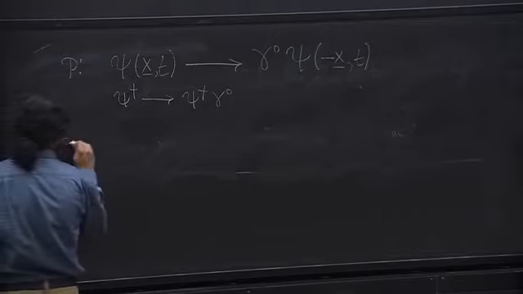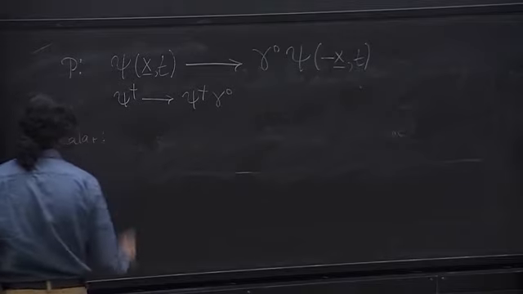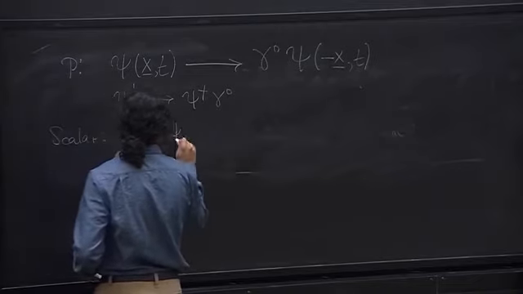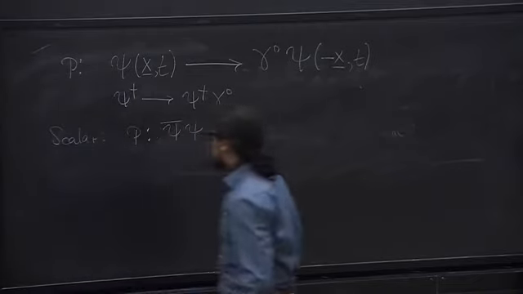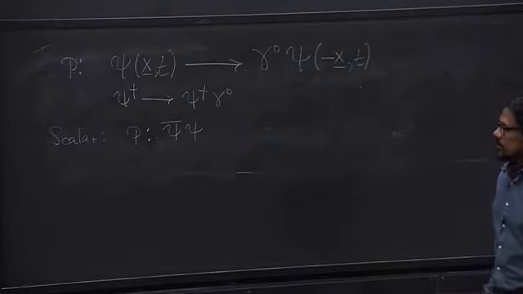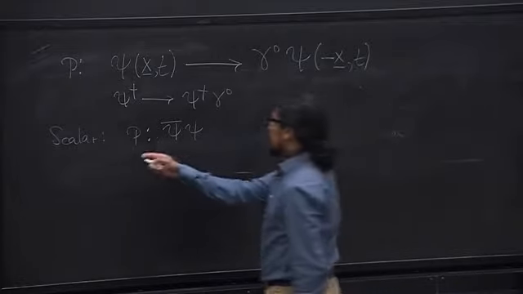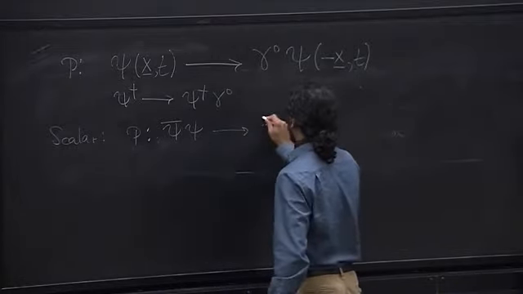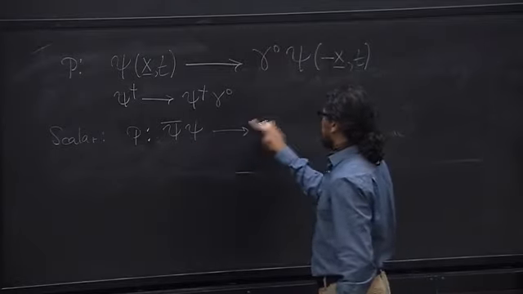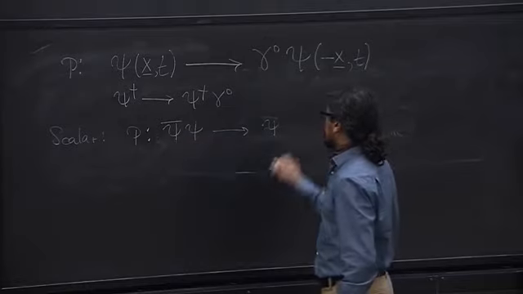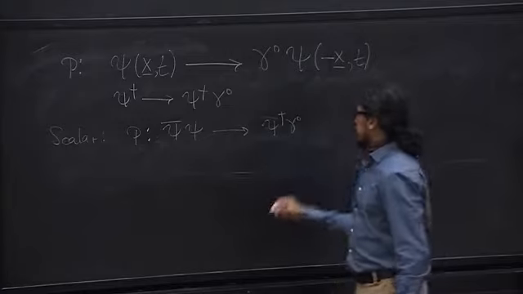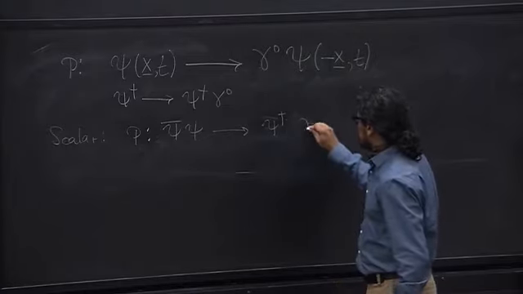So now we can define a scalar. We've already seen this. A scalar is an object which, of course, transforms like a scalar under the orthochronous proper Lorentz group, but under parity, it remains invariant. So let's see if that is the case. The Dirac conjugate is this object.